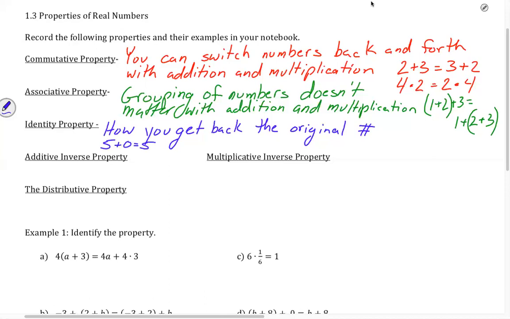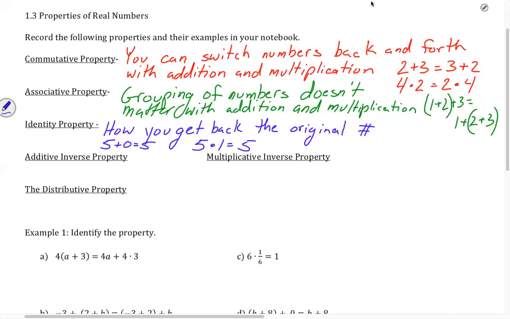So the identity property for addition, or the additive identity, would be 0, okay? And then for multiplication, it would be 1, because 5 times 1 is 5. So the multiplicative identity would be 1, and the additive identity would be 0.